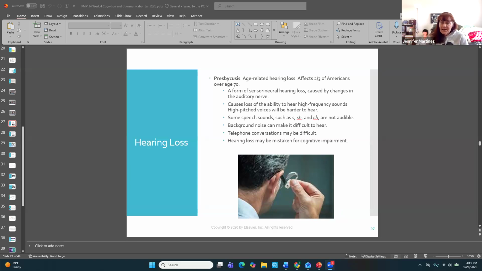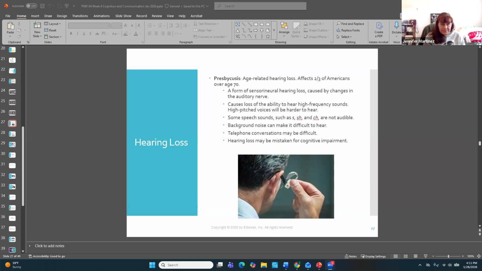Background noise, like the TV on or even normal environmental noise, can make it very difficult for them to hear what you're saying. They may have trouble talking on the phone, trying to listen and have a conversation.